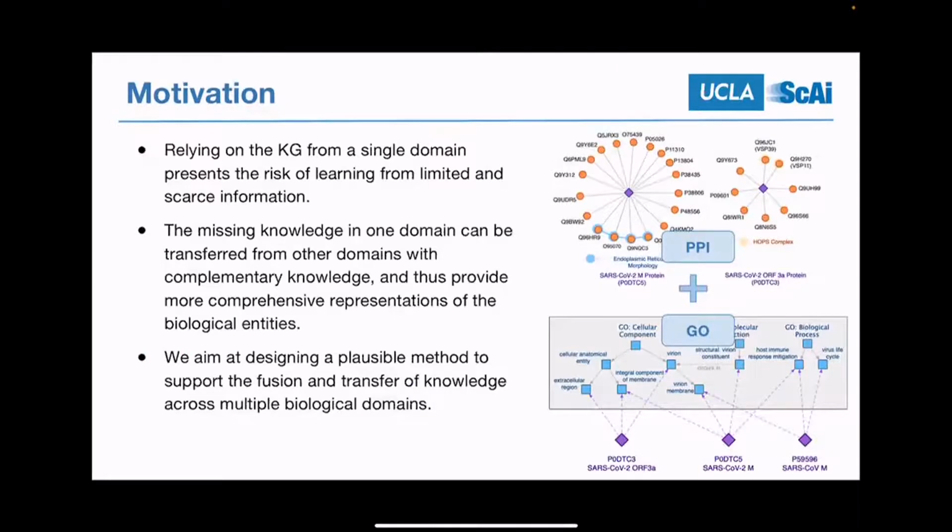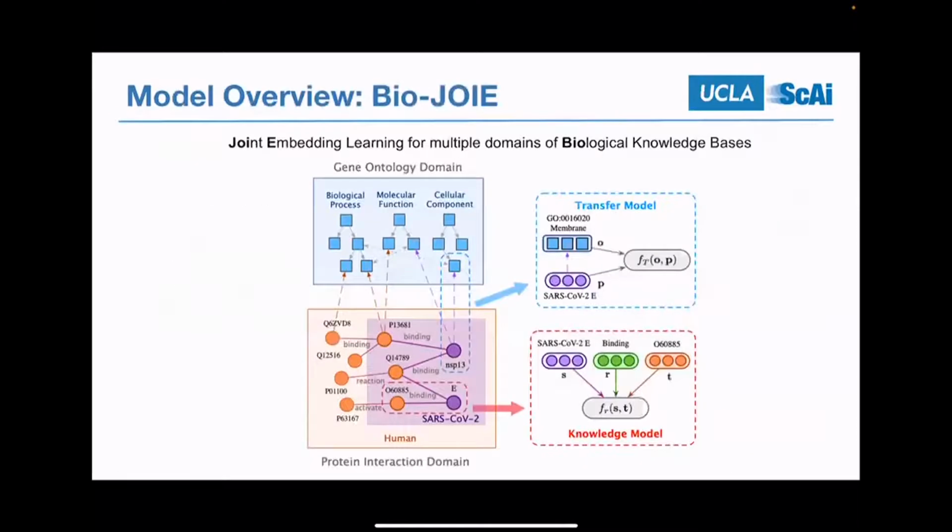I think I've pretty much talked about this slide. So we want to be able to integrate across different spaces, either the data space or the knowledge space. And the idea is that we want to have two types of models. One type of model we call the knowledge model. Within each space, we want to create an embedding to describe the data in that space, for example, the protein sequences in the PIPR project, or the gene ontology.